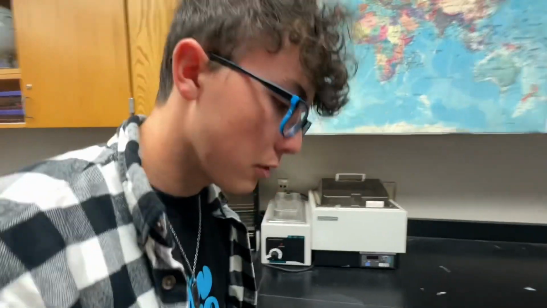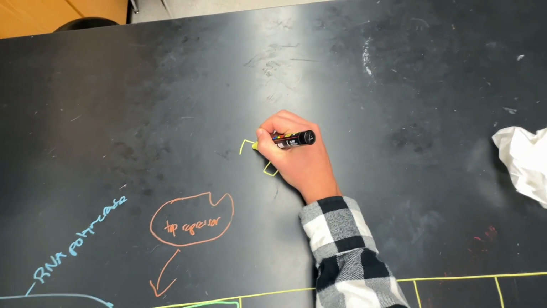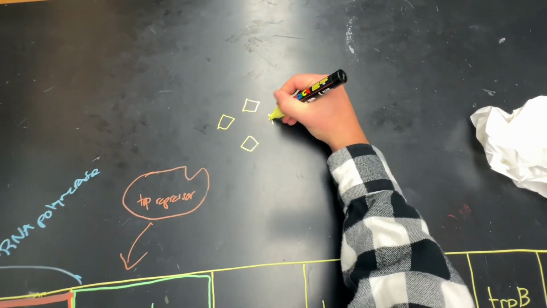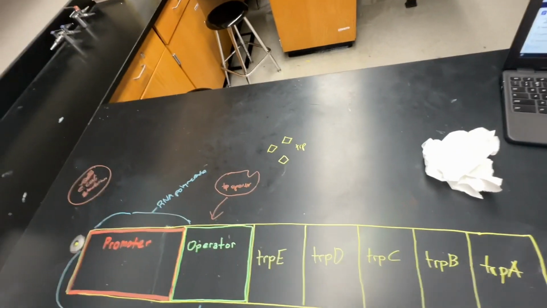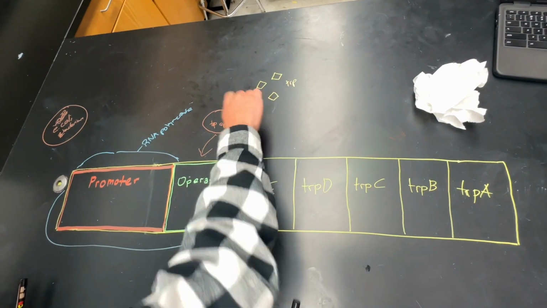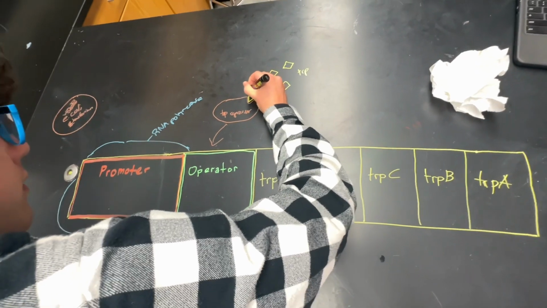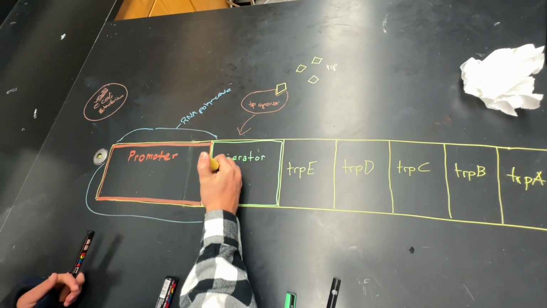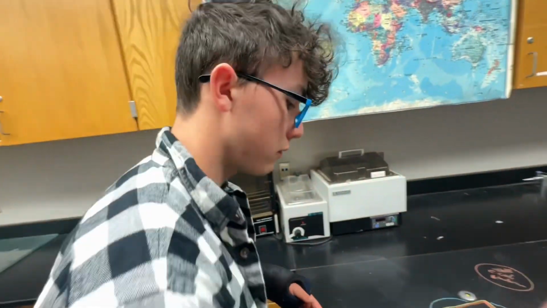So in a high tryptophan environment, you're going to have a lot of tryptophan, and this Trp repressor is going to be activated by tryptophan going into here. It's going to go to this operator area of the DNA, and it's going to block this RNA polymerase from moving down and making those mRNA to code for those enzymes.